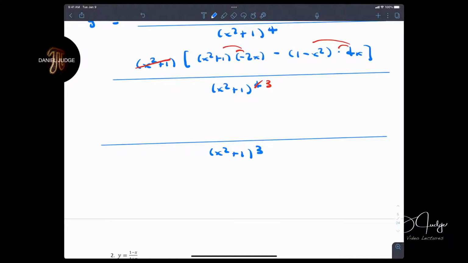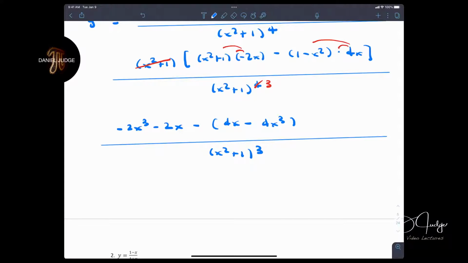So we end up with negative 2x cubed minus 2x. And I'm going to leave this term here, 4x minus 4x cubed here. Let's double check.